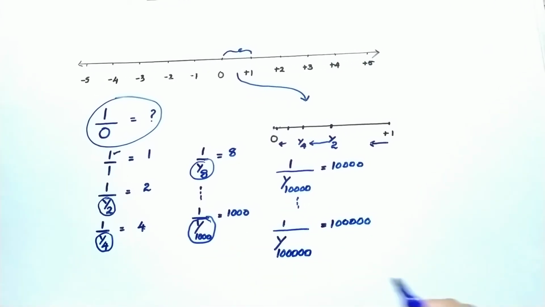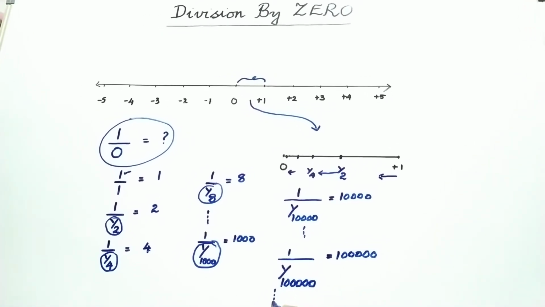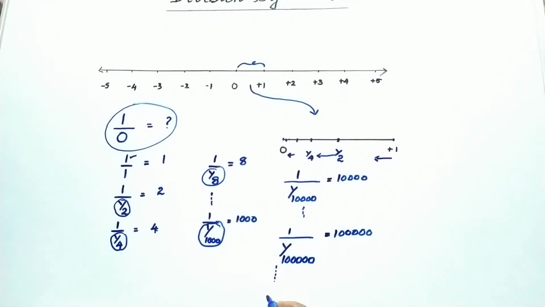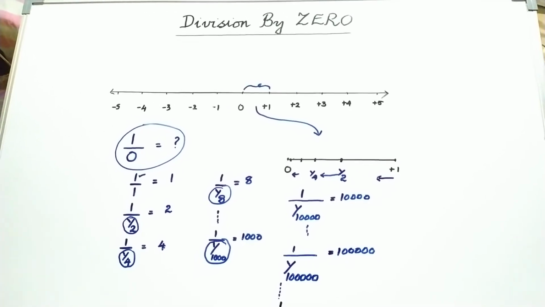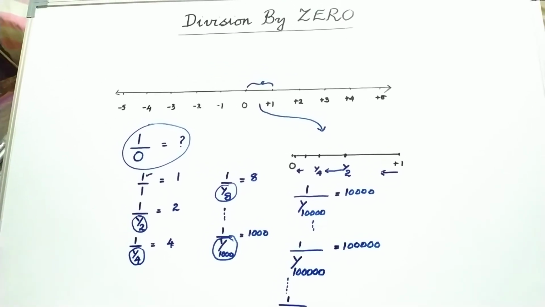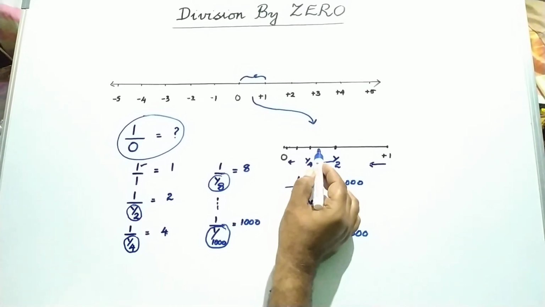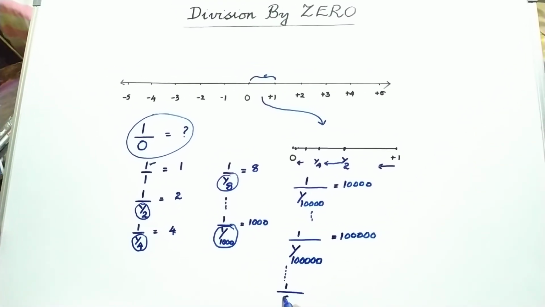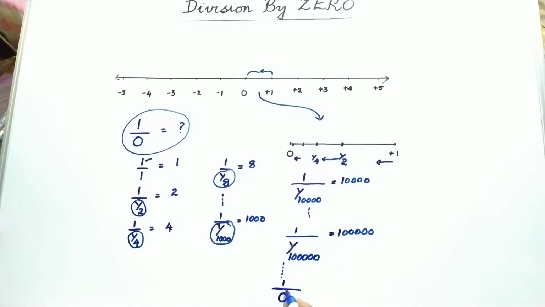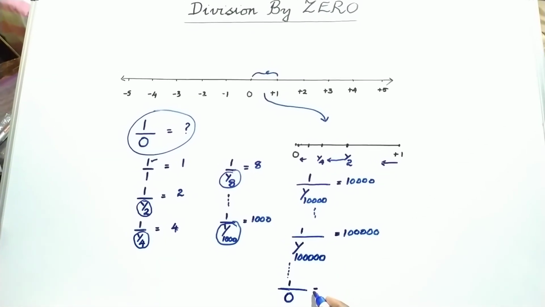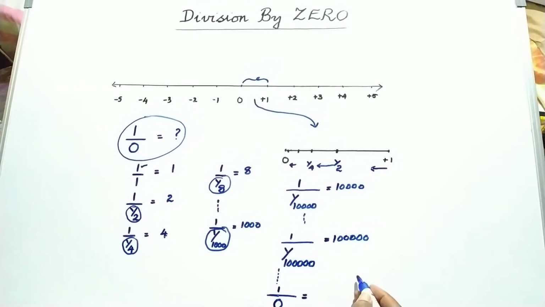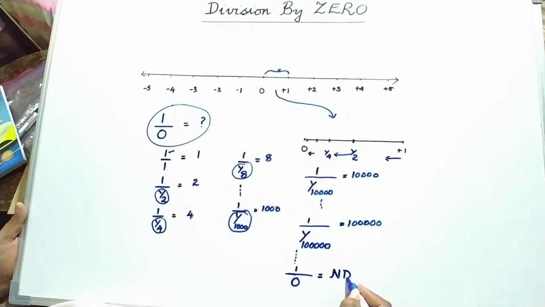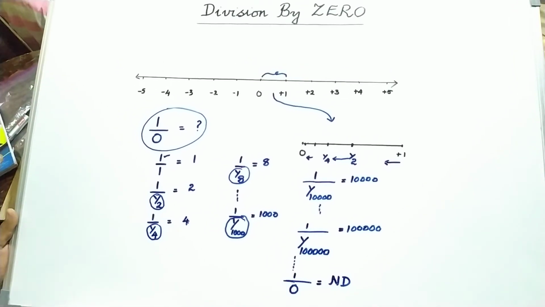If it is humanly possible for our intellect to comprehend how many points there are on this number line, and if some time in future I am able to come very, very, very close to 0, and even come on 0 and sit on 0 and find out the value of 1 by 0, that would be such a big value that with today's intellect we are unable to comprehend the magnitude of the value.